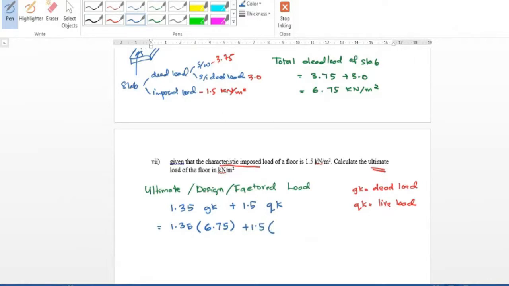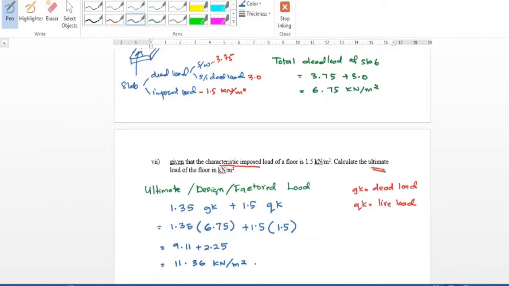Live load is given just now, 1.5. So from this, here we have 9.11, plus 2.25. So we have 11.36 kilo Newton per meter square.